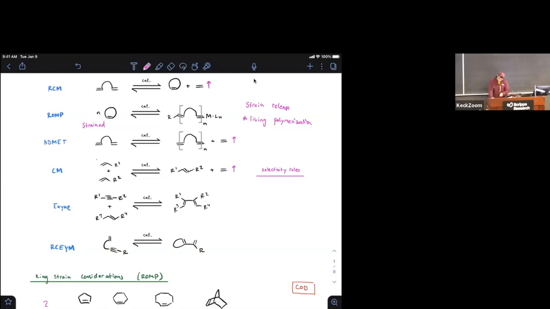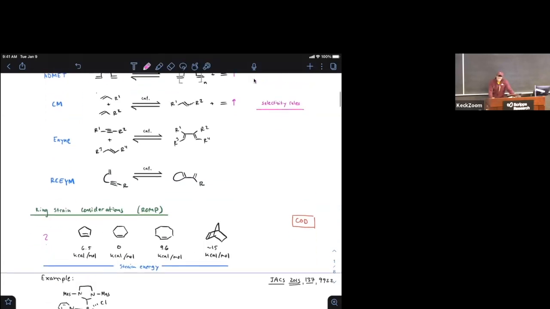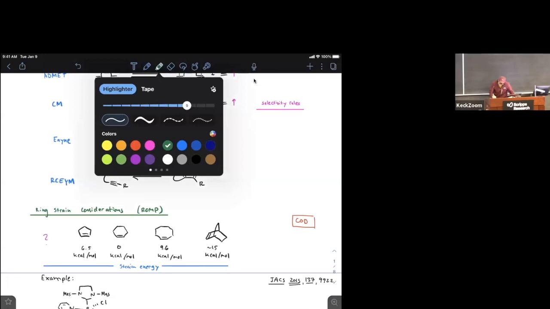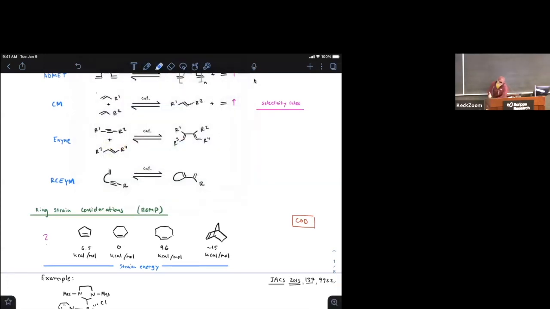So the name of the game in cross metathesis is how do you beat statistics? This is actually not unlike some of the doubly decarboxylative cross-coupling chemistry recently developed in the Baran group, where the name of the game is how to beat statistics. Same concept here. And then you have enyne metathesis, a powerful method to make dienes.